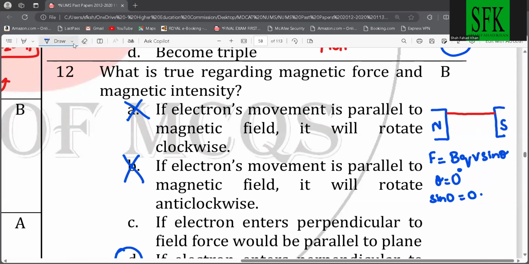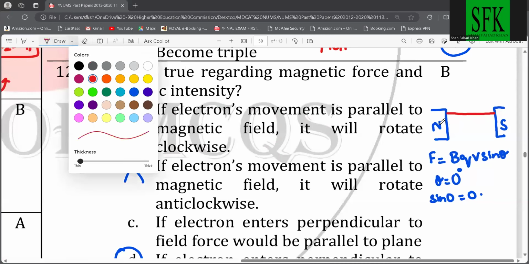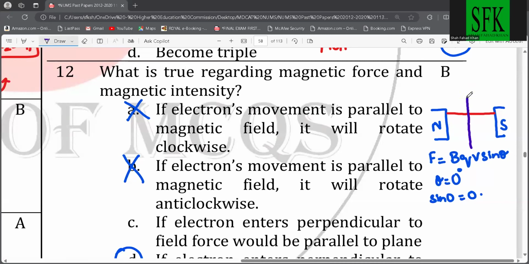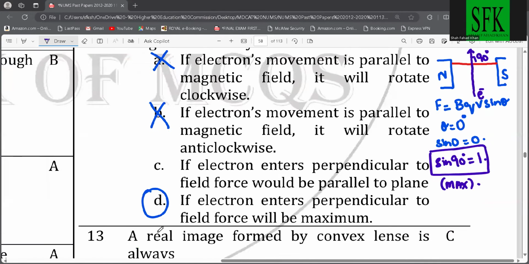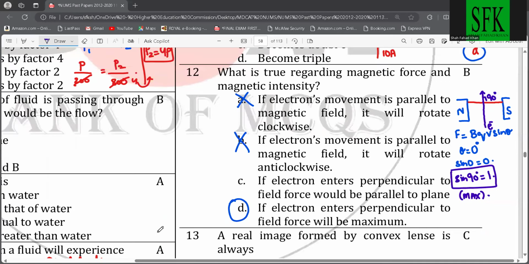If the electrons are entering from this side, let's say, perpendicularly, that's the direction of electrons, an angle of 90 degrees. Now the electrons will experience a force. Why? Because sine 90 equals 1, and that is a maximum value. So yes, if they enter perpendicularly, then the force is going to be maximum.